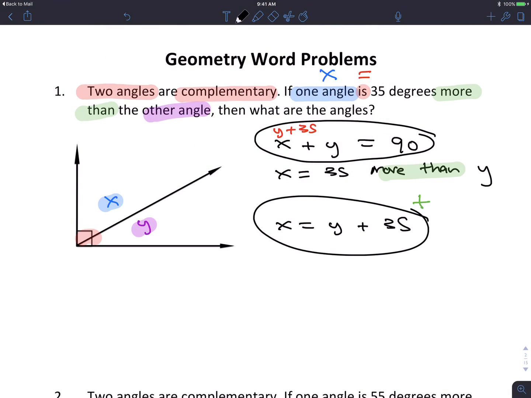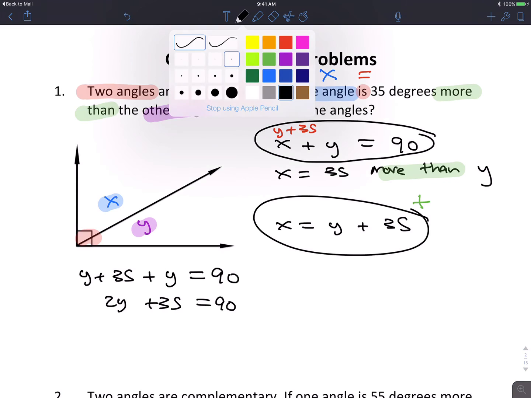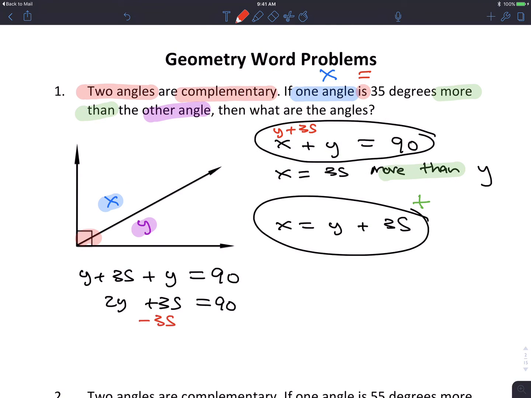Now I end up with y plus 35 plus another y is 90. Let's do some algebra. 2y plus 35 is 90. 2y looks like it's going to be 55.